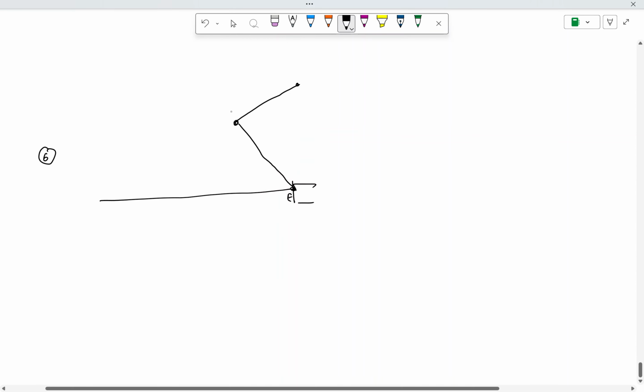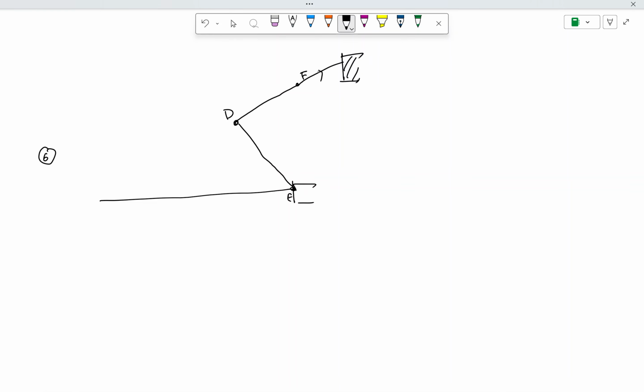So if this is your reference point E, and here is the point from where the cable DF is in the perpendicular direction. This has a tension T, with a vertical Ty and a horizontal Tx component.